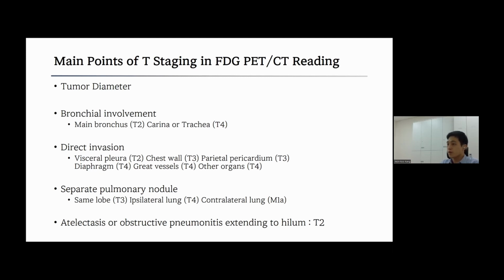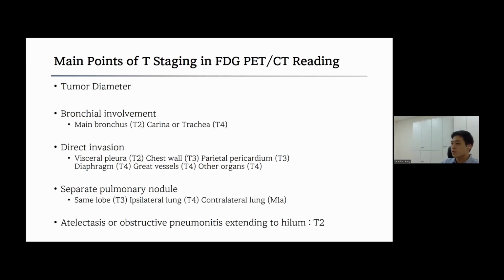Tumor direct invasion to adjacent structures should be checked. Tumors are classified as T2 for invasion of visceral pleura, T3 for chest wall and parietal pericardium, and T4 for diaphragm, great vessels, and other organs such as esophagus, heart, and vertebra.